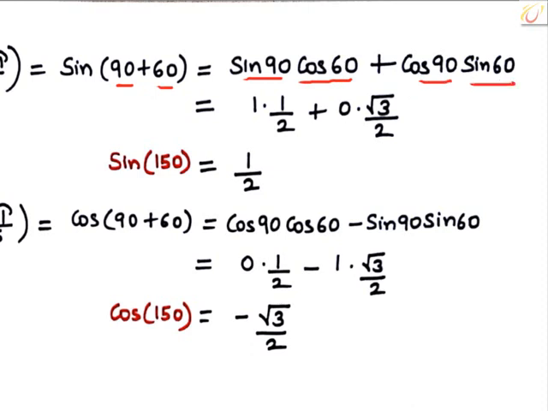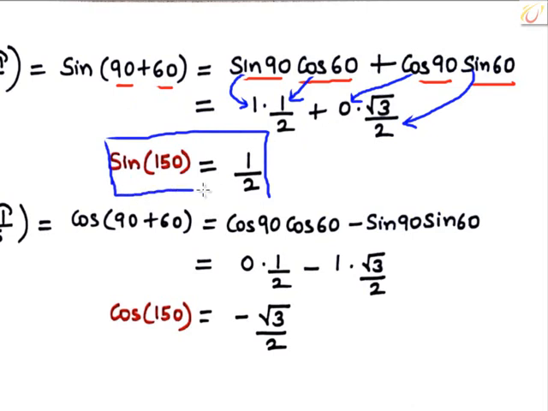Now let us look at what these values are. Sine 90 value is 1, cos 60 value is half, cos 90 value is 0, sine 60 value is root 3 by 2. Now you can see 1 into half will be half, plus 0 into root 3 by 2 will be 0. So answer of sine 150 will be half, 1 upon 2.